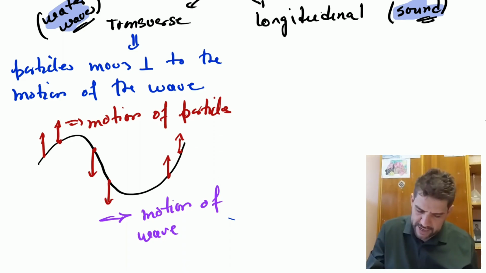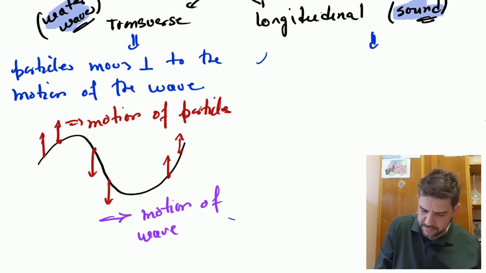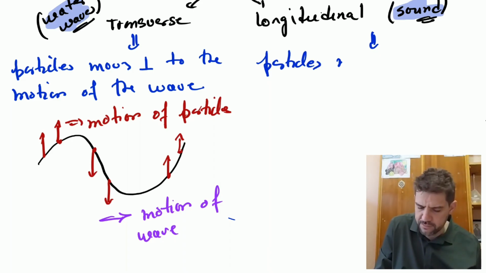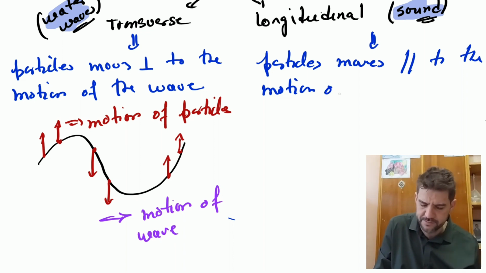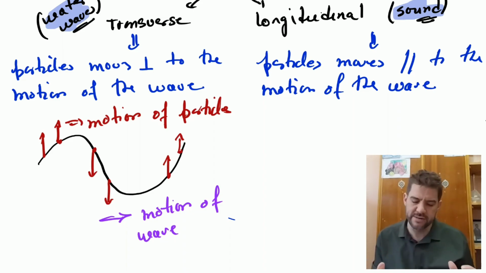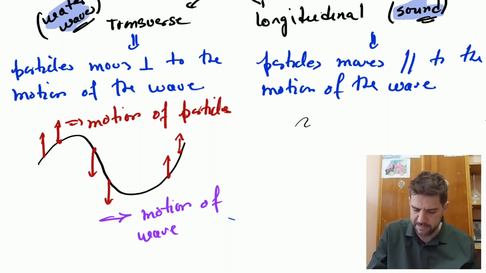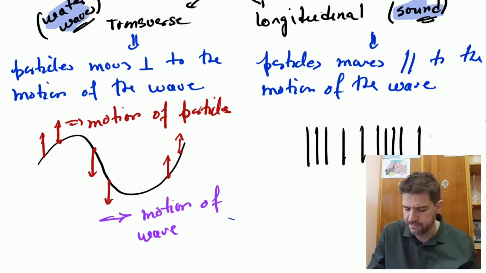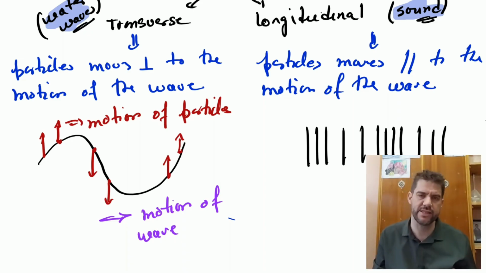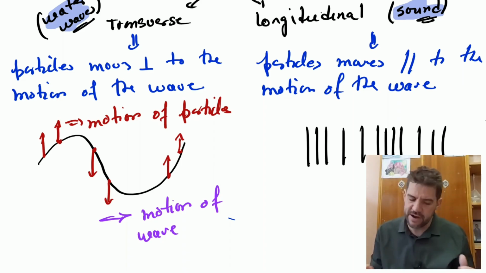Now, longitudinal, guys, is when the particles move parallel to the motion of the wave. That is when a wave is going to be longitudinal. For instance, if we represent a wave, in this case we use lines to represent that specific wave, in which we have regions that are called compressions, and regions that are called rarefactions, but this is not the point right now.